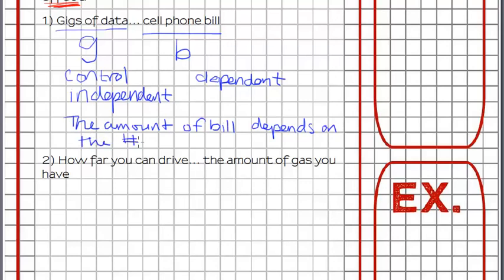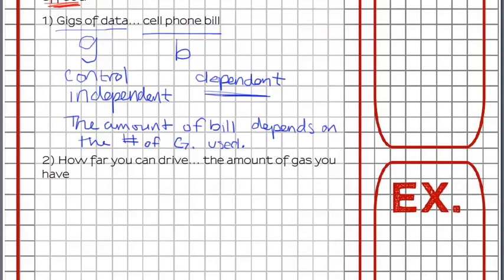So the number of gigabytes used. There's a very simple way to write this sentence. We use the word depends in it to remind us of which is the dependent variable. When you write it in this format, notice that the dependent variable, the amount of the cell phone bill, comes first in the sentence, and then the number of gigabytes used, the independent variable, comes at the end.